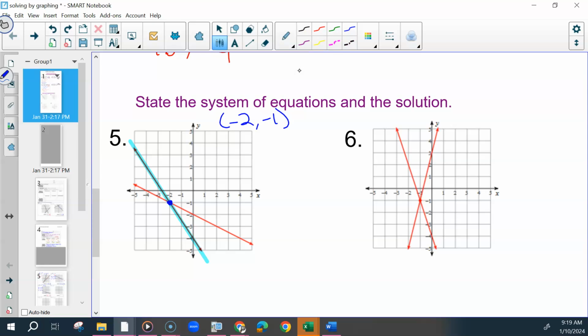If I were to find the equation of what is now my blue line, what is the slope of that line? So of the blue line. -1.